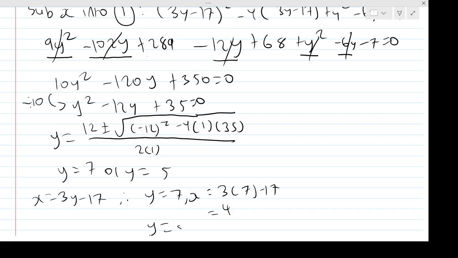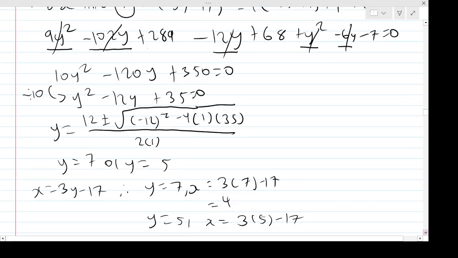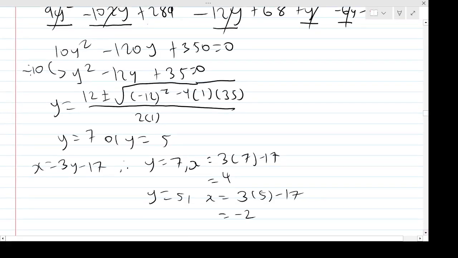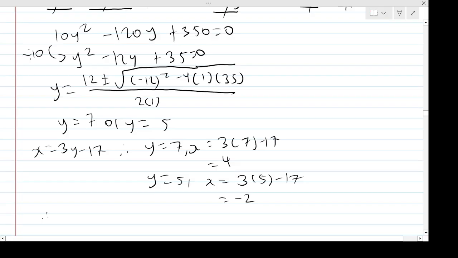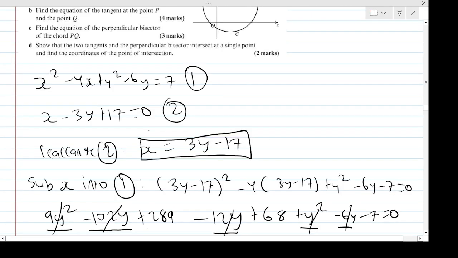Then if y is 5, x would be 3 lots of 5 minus 17, which should be minus 2. Yep, there we are. So our two points are x is 4, y is 7, and when x is minus 2, y is 5.